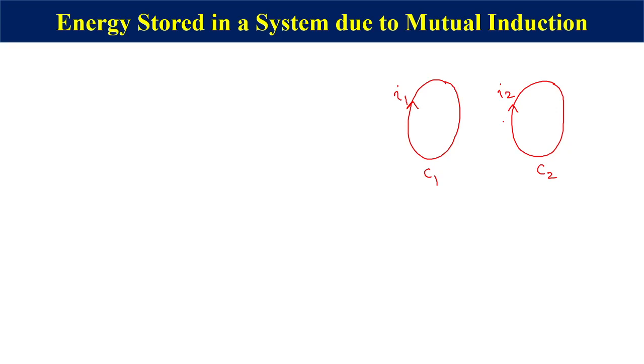That means if the current I1 changes with time, the magnetic flux generated because of this change in current will also affect the coil C2. Quite similar to that, whenever the current I2 changes with time, the magnetic flux linked with the coil will change in C1 also.